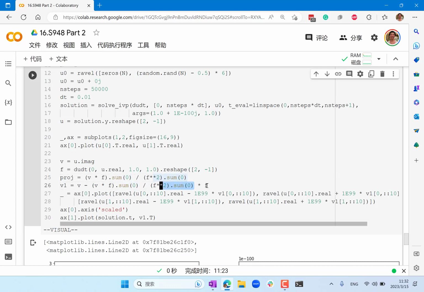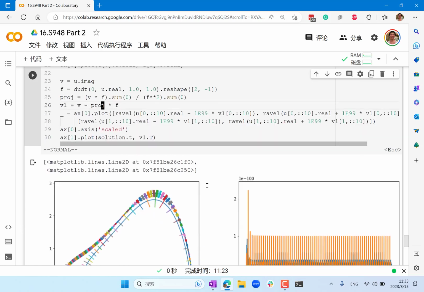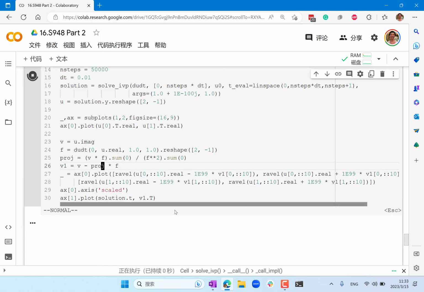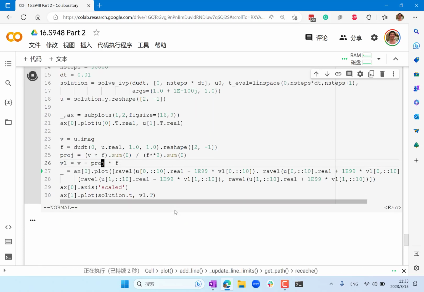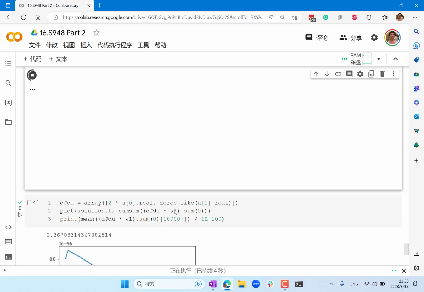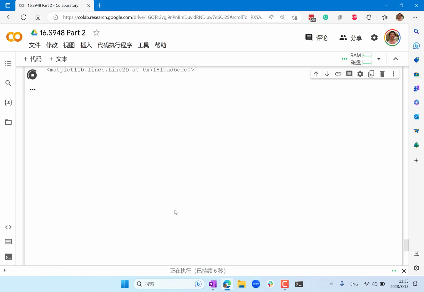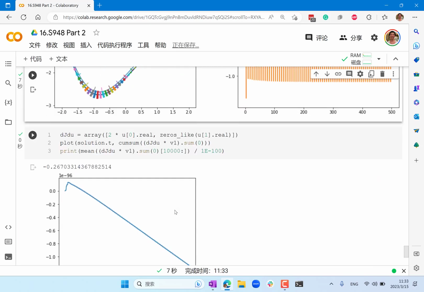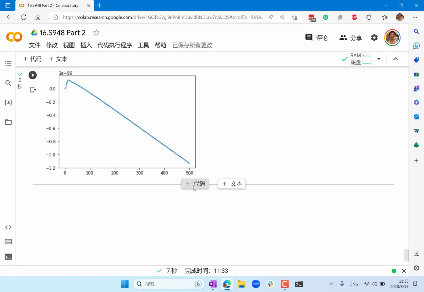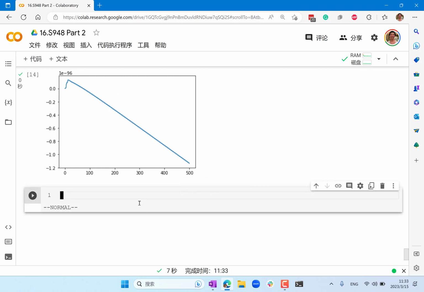And so when we project it out, we just say v minus projection times f. Okay, so let's visualize what that projection looks like first. Now let's start to compute the second part by first plotting solution.t and this projection.